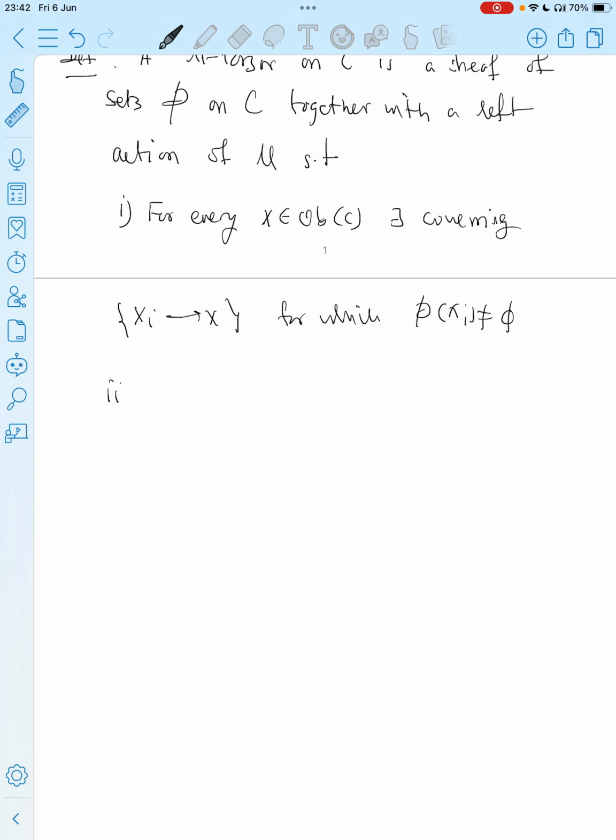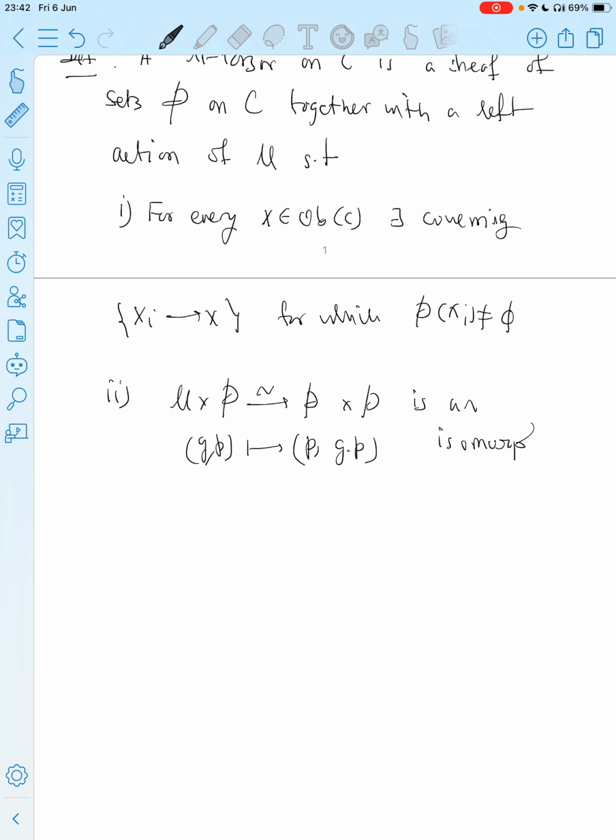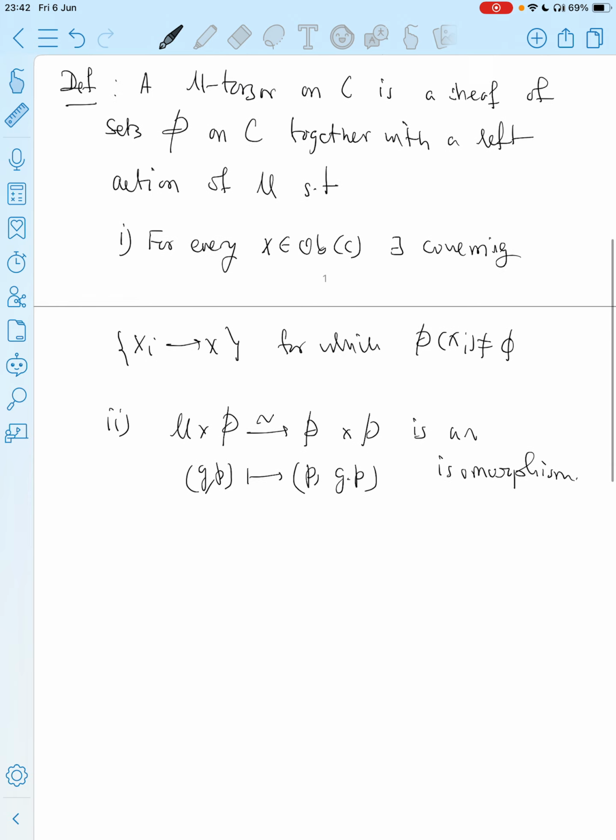Secondly, you have this map, which is like the projection in the first component and the action in the second component. More precisely, if you have mu times P going to P times P, and this is the action, this defines an isomorphism. So if these two things hold, then we call it a mu-torsor.